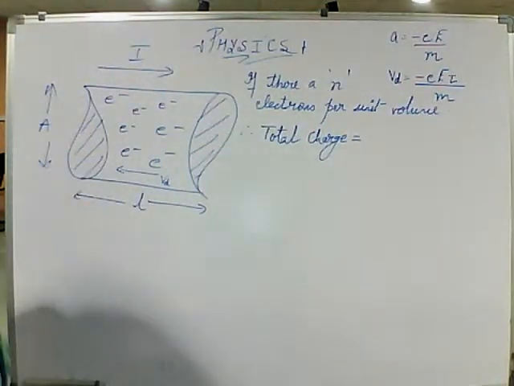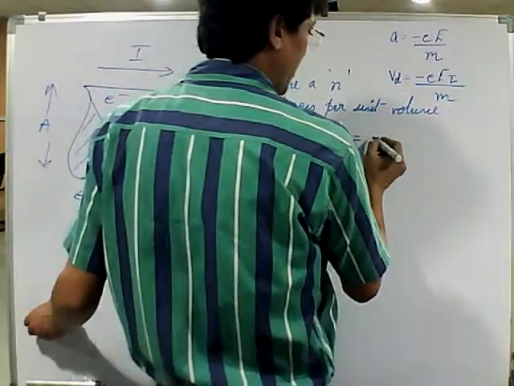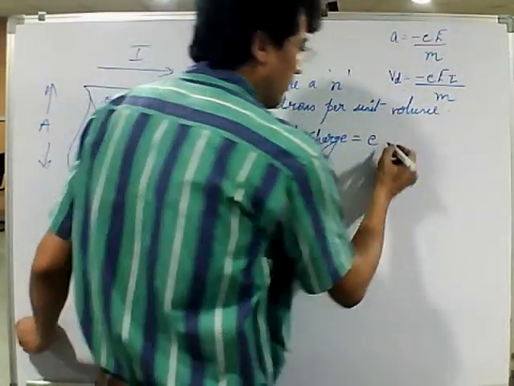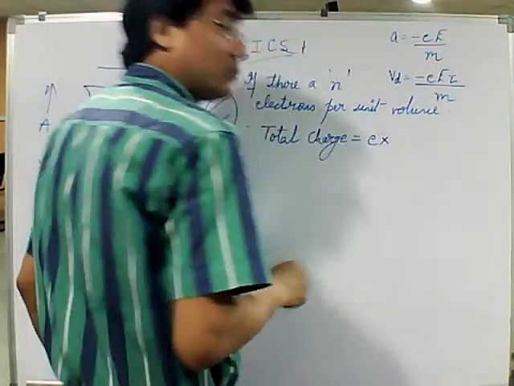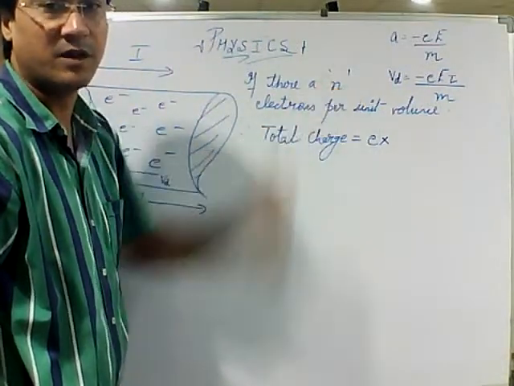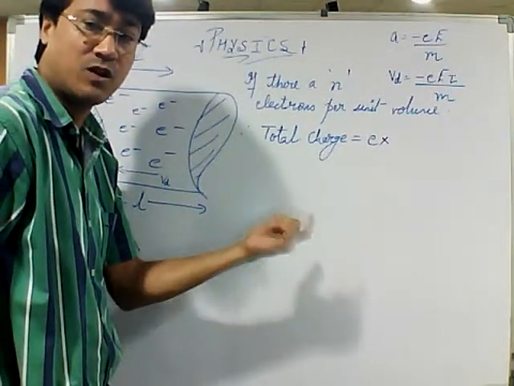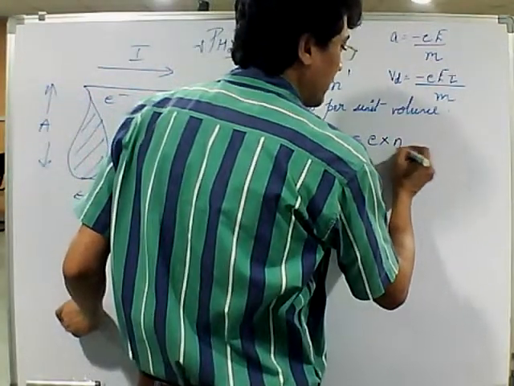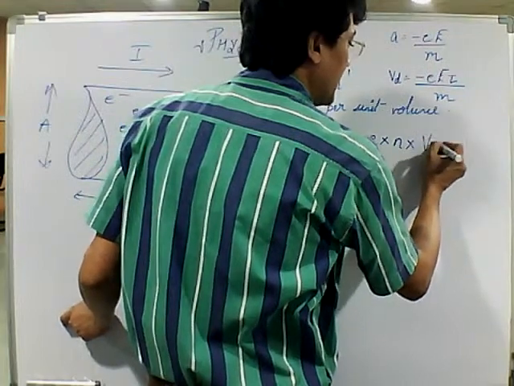The total charge present would be the charge of an electron multiplied by the total number of electrons. If n is the number of electrons per unit volume, what will be the total number of electrons? It will be the number of electrons per unit volume multiplied by the volume.